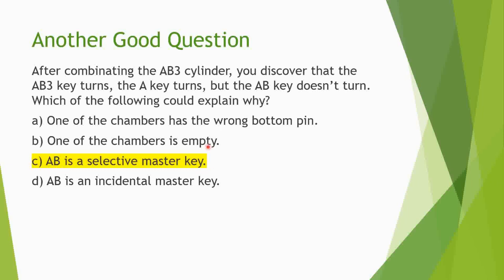That could explain why the AB key doesn't turn. That's not the only possible reason. Here's another reason. Perhaps the AB key was cut incorrectly. In fact, that's probably more likely than C. I've seen lots of miscut keys. Selective master keys are unusual, and using them in this way is quite rare.